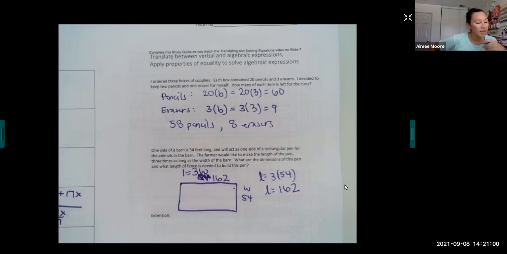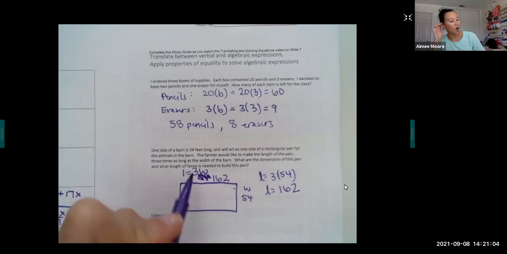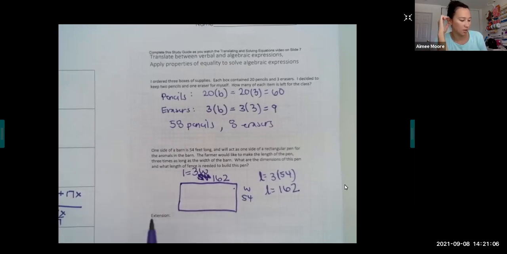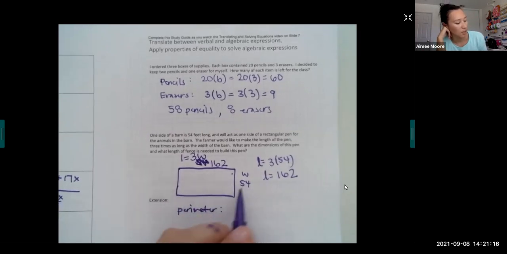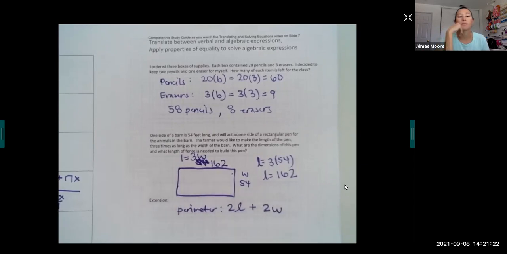And what is the length of fence needed to build this pen? So if the pen's going to go all the way around, you're going to need the perimeter, right? Which means you have to add up all the sides. So that's perimeter. You do 2 times the length plus 2 times the width.